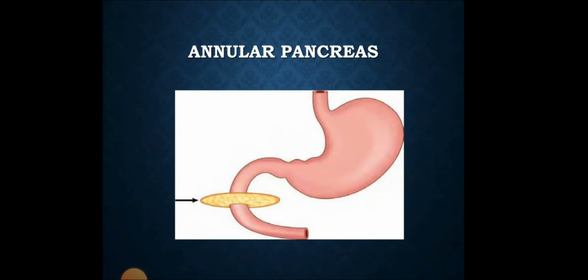That is due to incomplete rotation of the ventral part of the gland, and as a result a collar of pancreatic tissue surrounds the duodenum. Because of that, in the clinical features there will be a variable degree of duodenal obstruction. There can be complete atresia of the duodenum, and in the majority of cases the condition remains asymptomatic.